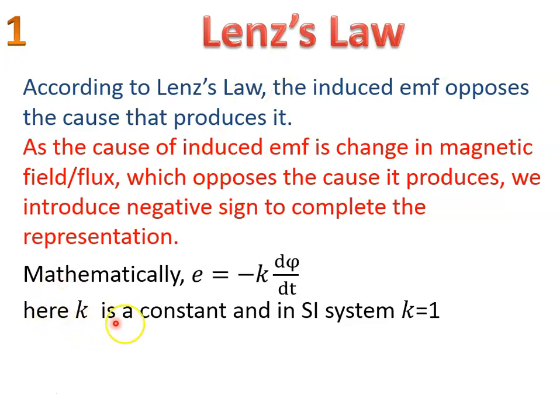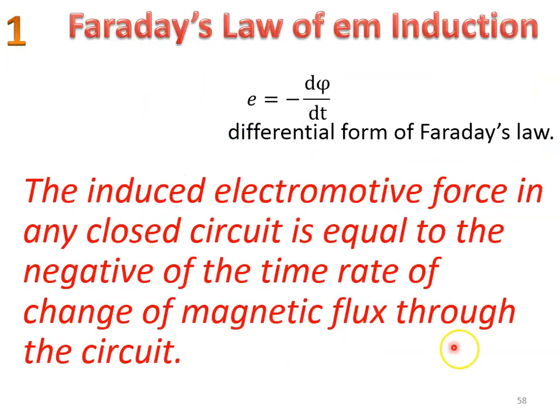Here K is the constant of proportionality, and in the System International, that is, in the MKS system, it is unity. Therefore, the Faraday's law in combination with Lenz's law, a complete Faraday's law, I can say E is equal to minus d phi by dt.